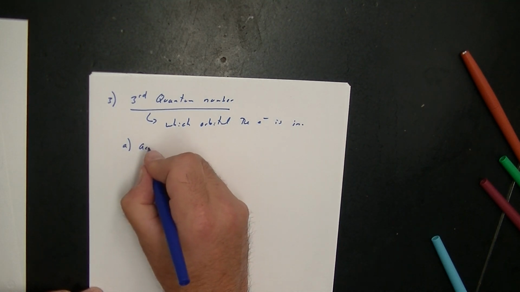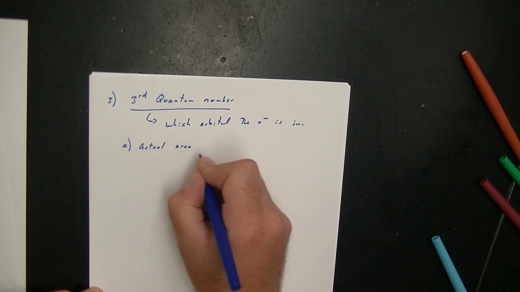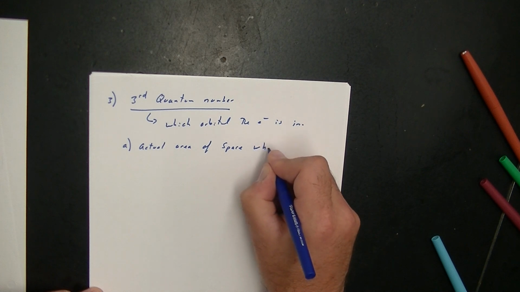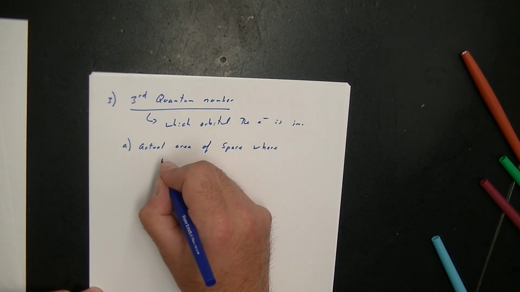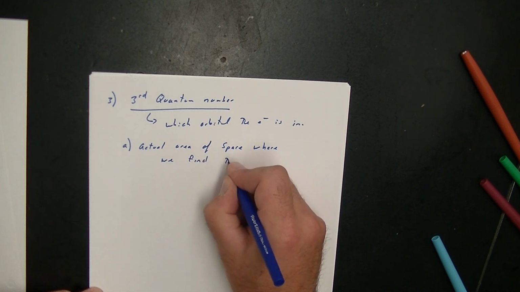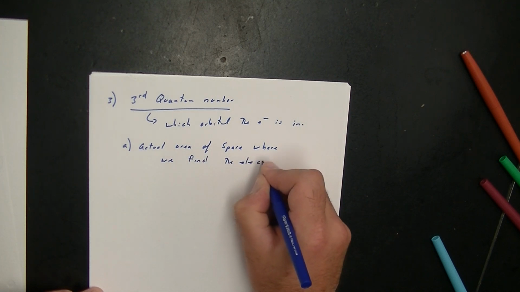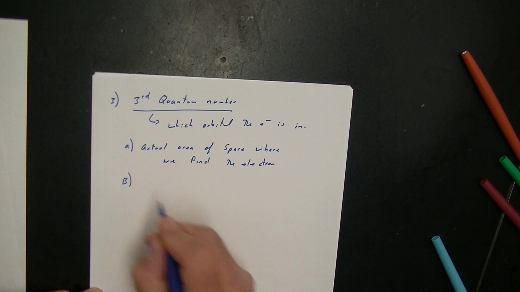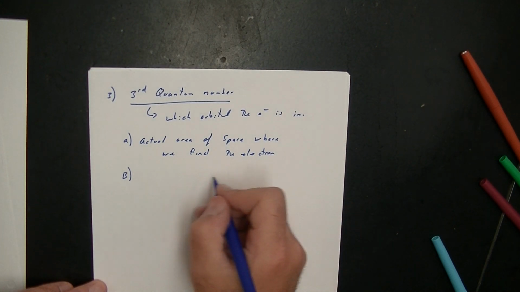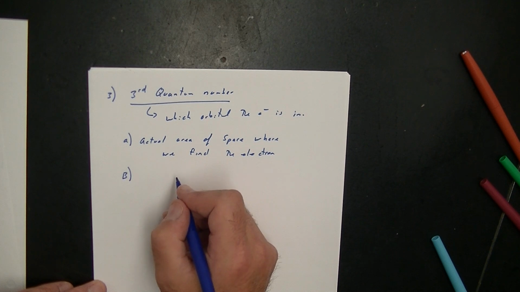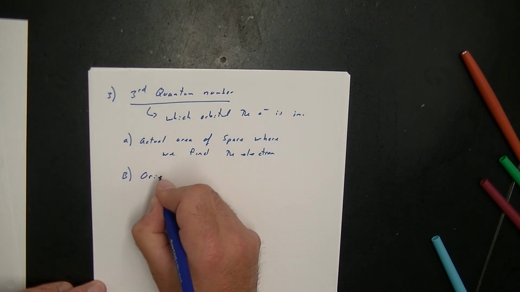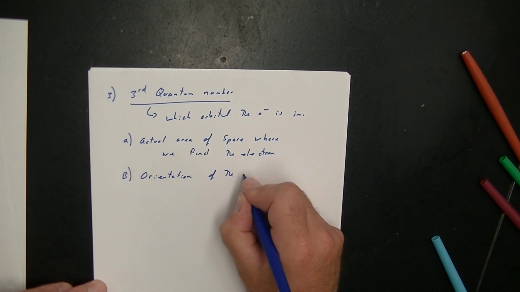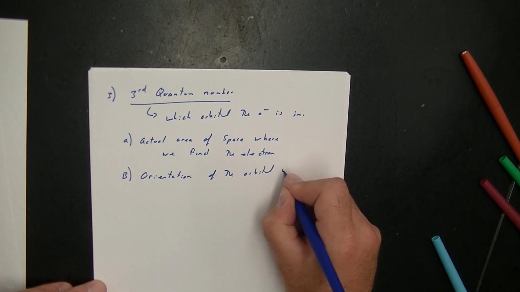It's the actual area of space where we find the electron. It's the orientation of the orbital we are looking at.